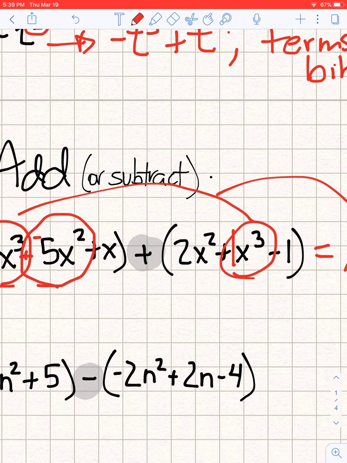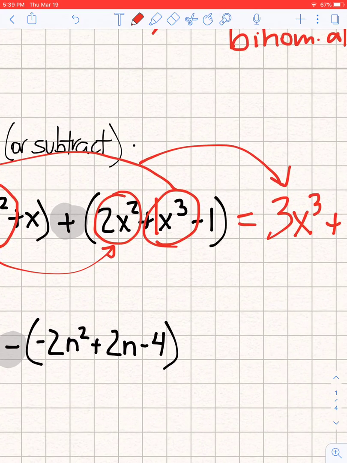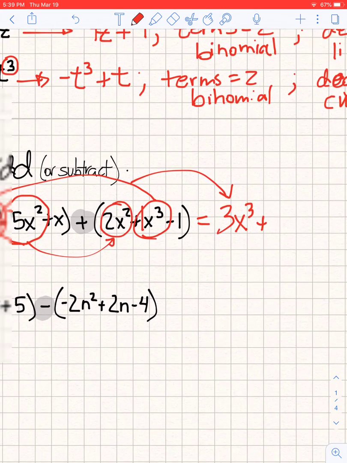And I have a 5x squared, and then I've got another 2x squared here. And just so it doesn't get quite so confusing, I'm going to put that arrow down here. Yeah, those 2 things go together. And together they give me negative 5 plus 2 gives me negative 3x squareds.